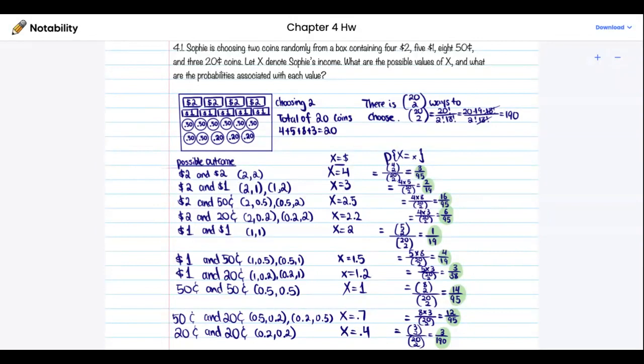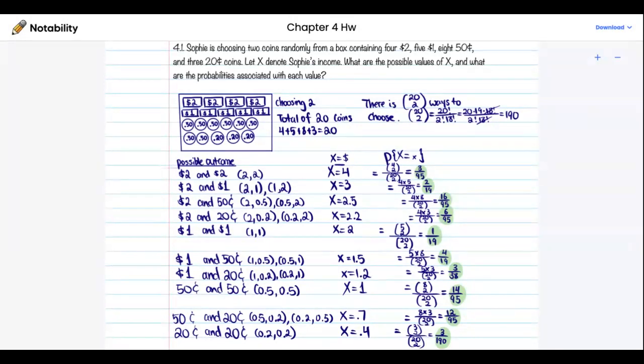The fourth outcome is a $2 and a 20 cents, giving X as $2.20, with probability 4 times 3 over 20 choose 2, which is 6 over 95.